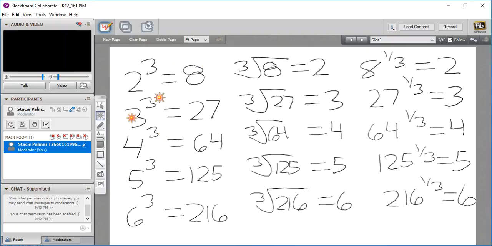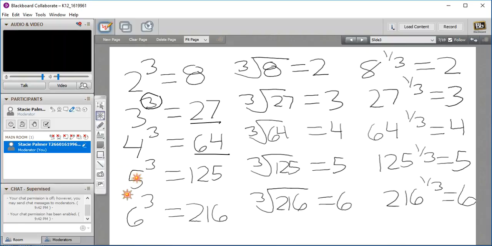3 to the 3rd power. That would be 3 times 3 times 3. That would be 3 times itself 3 times. And that would be 27. 4 to the 3rd power. That would be 4 times itself 3 times. 4 times 4 times 4 is 64.